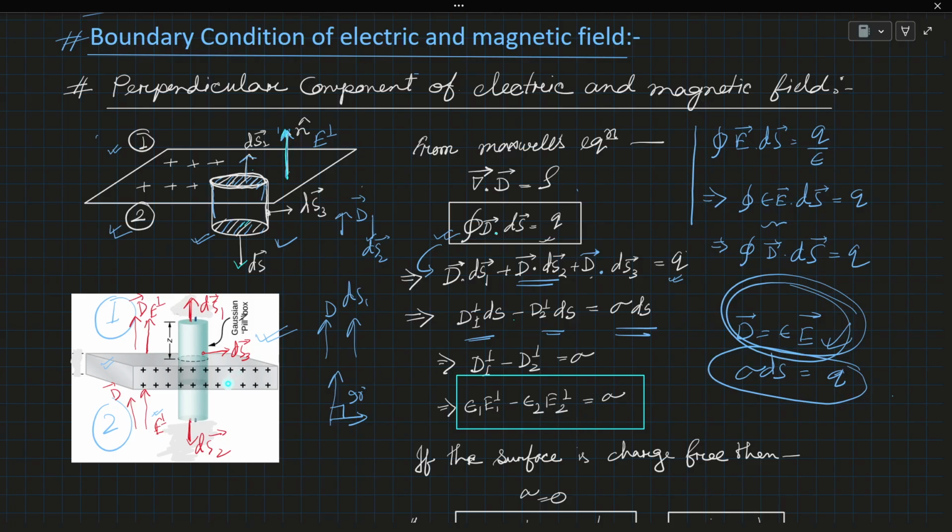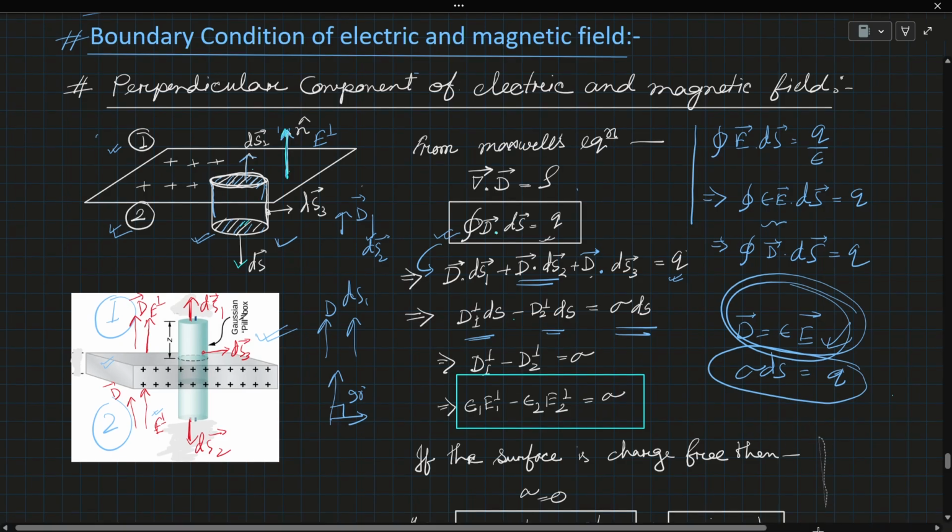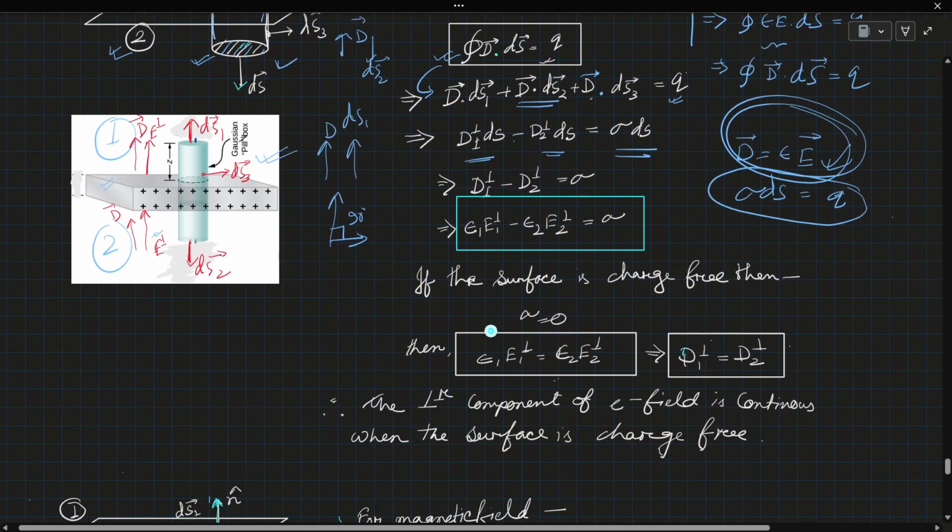But if the surface is charge free, let's say there is no charge, that means sigma is 0, then I can write epsilon 1 E1 perpendicular equals epsilon 2 E2 perpendicular. Because if this is 0, then on taking this term to the other side, I can write it like this. So D1 perpendicular equals D2 perpendicular.